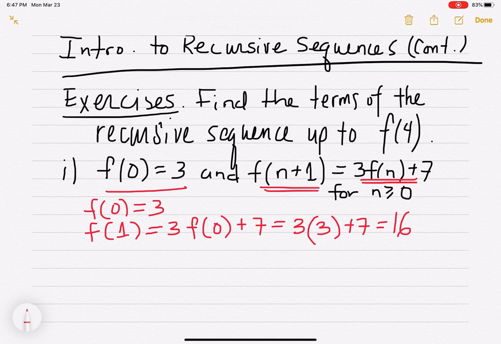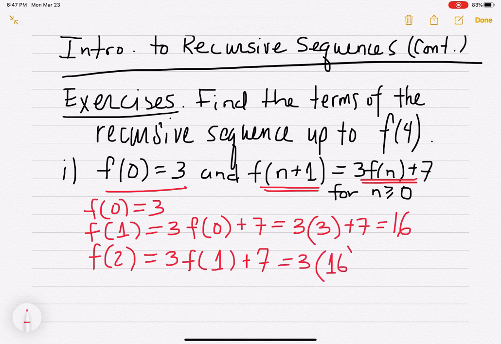How about f of 2? F of 2 is going to be 3 times the previous term, f of 1, plus 7. In other words, 3 times 16, plus 7. 3 times 16 is 48. 48 plus 7 is 55.